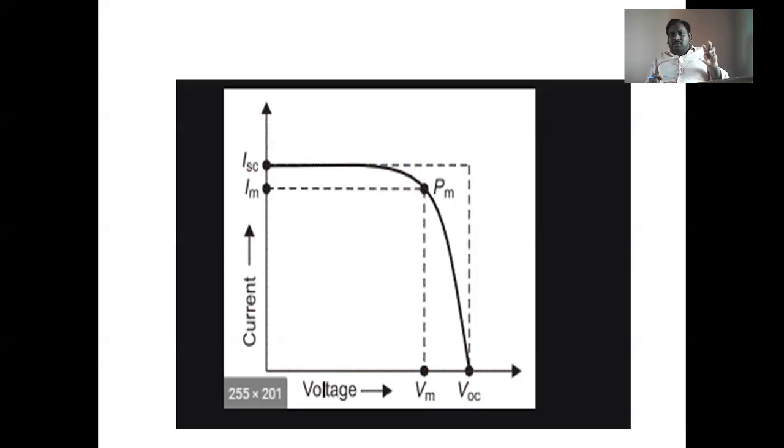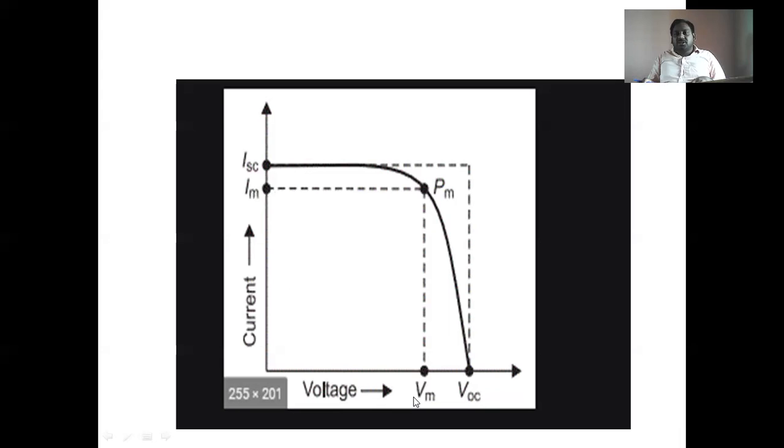So this current depends upon the intensity of light, the intensity of solar radiation. At a particular value of solar radiation, a particular amount of electrons flow through the PV panel, so the current value is constant at that particular instant of time. This is the current through the solar panel.